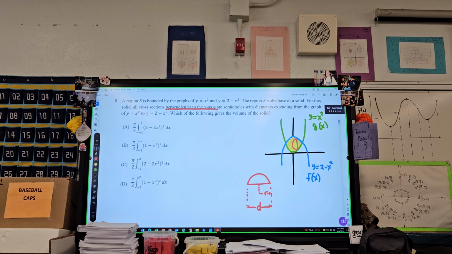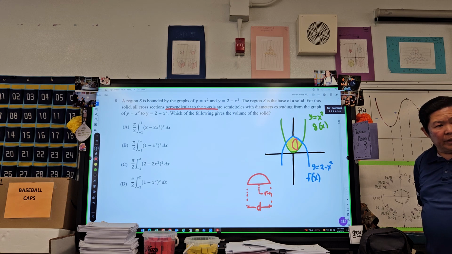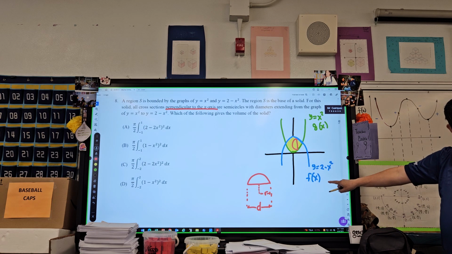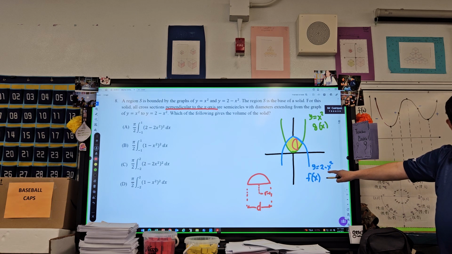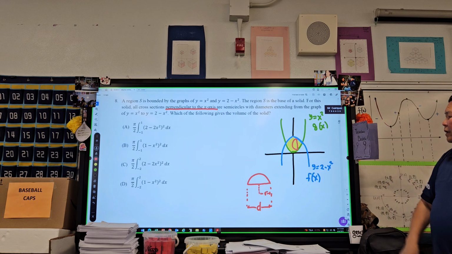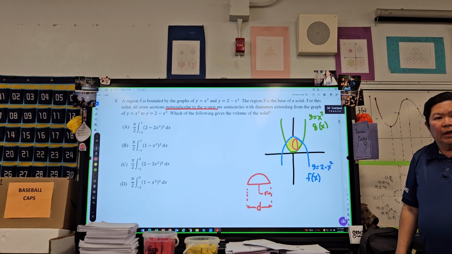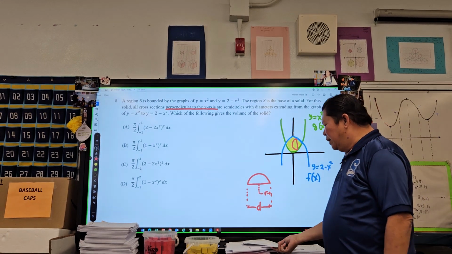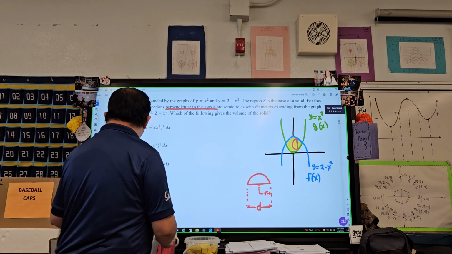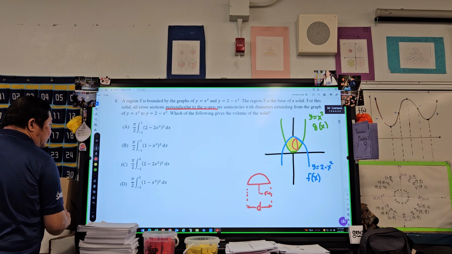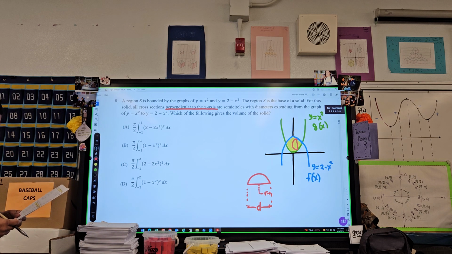So what is this now? The upper curve minus the lower curve. What is our upper curve? The f of x, the blue color. And our lower curve is the green color. So can you formulate here first? 2 minus x squared minus x squared. Okay.